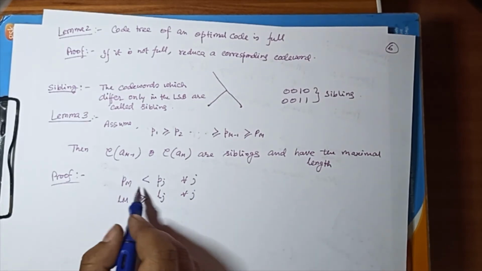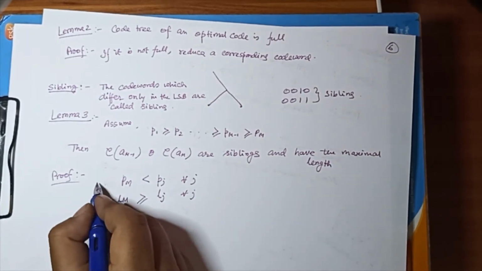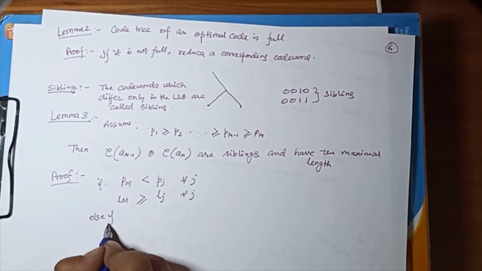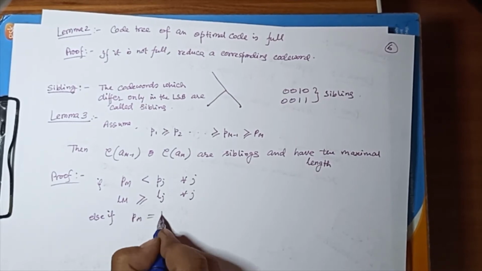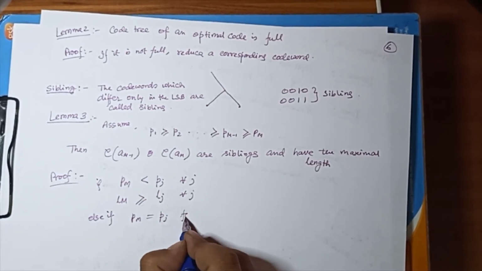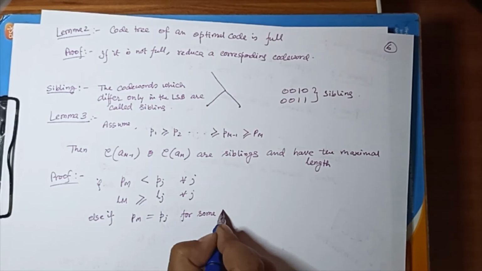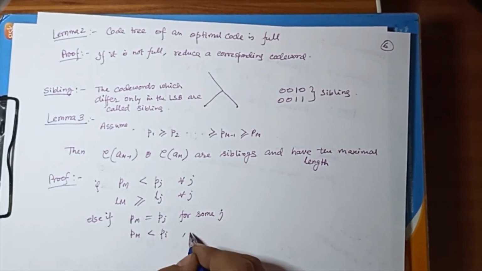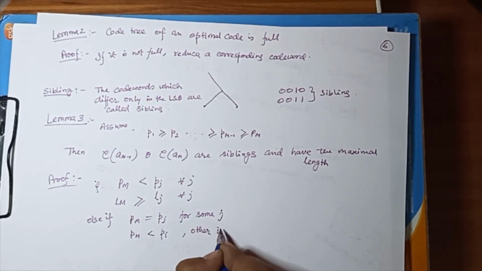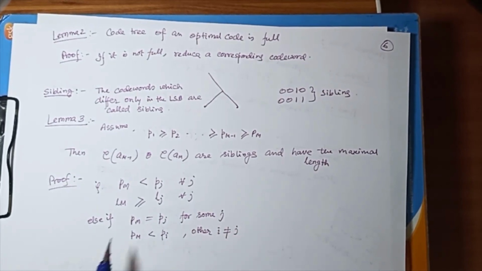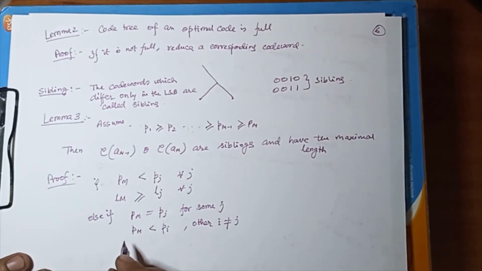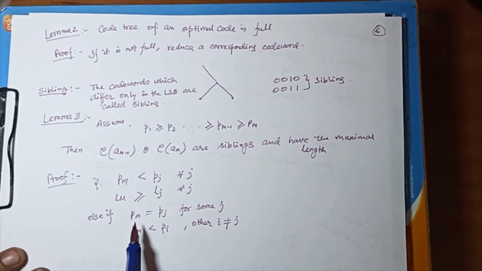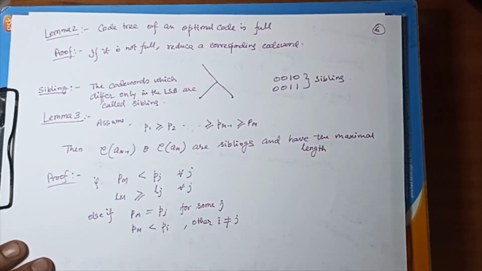Else, if there is some equality involved, for some j's, and Pm is less than all other Pi, where i is not equal to those j's, then it is possible that the length is maximum for some Pj, not this Pm, but some other Pj's which are also equal.